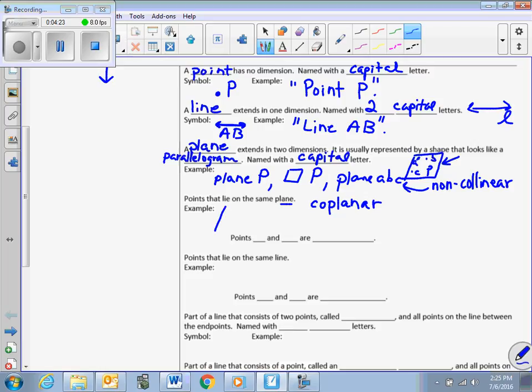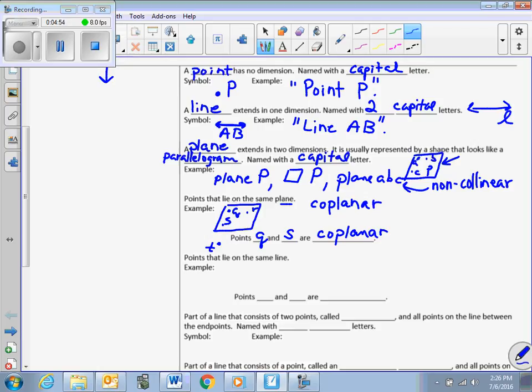Okay, let's just draw another one here. If I have Q, R, S, and then let's say T was down here somewhere. Of course, T is not on the same plane with Q, R, and S, but we know that points, we'll pick 2 of these, Q and S are coplanar.